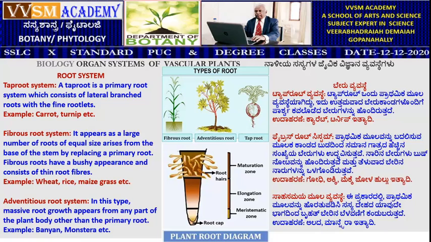Fibrous roots have a bushy appearance and consist of thin root fibers. For example, wheat, rice, maize, grass, etc. Adventitious root system: in this root system, massive root growth appears from any part of the plant body other than the primary root. Example, banyan, monstera, etc.